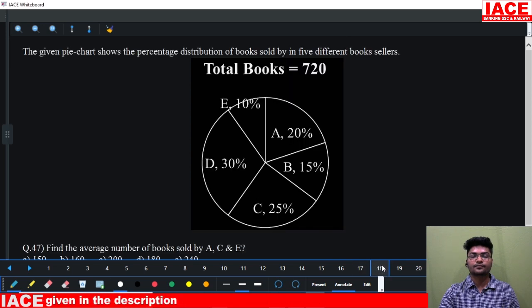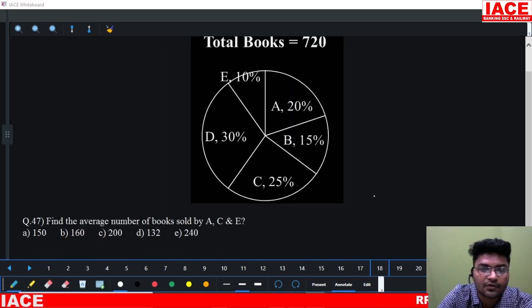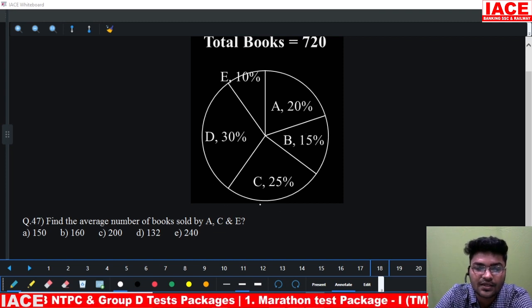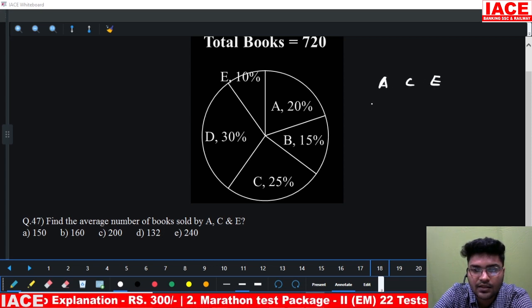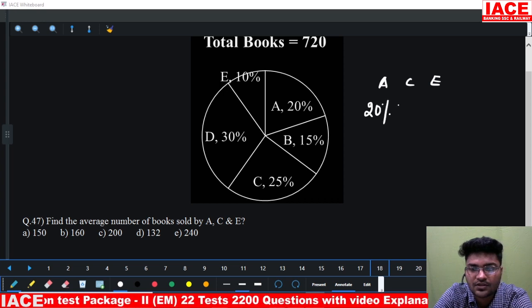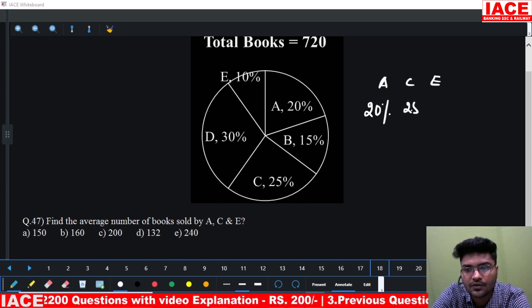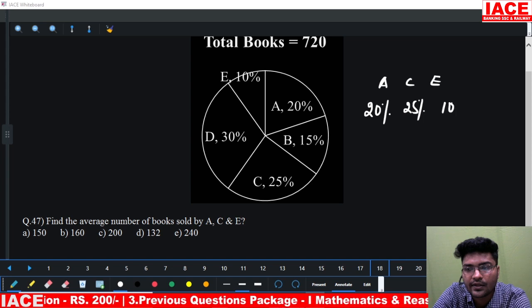Next. Question number 47. Find the average number of books sold by A, C and E. A is selling how much percentage? 20%. C is selling how much percentage? 25%. E is selling how much percentage? 10%.